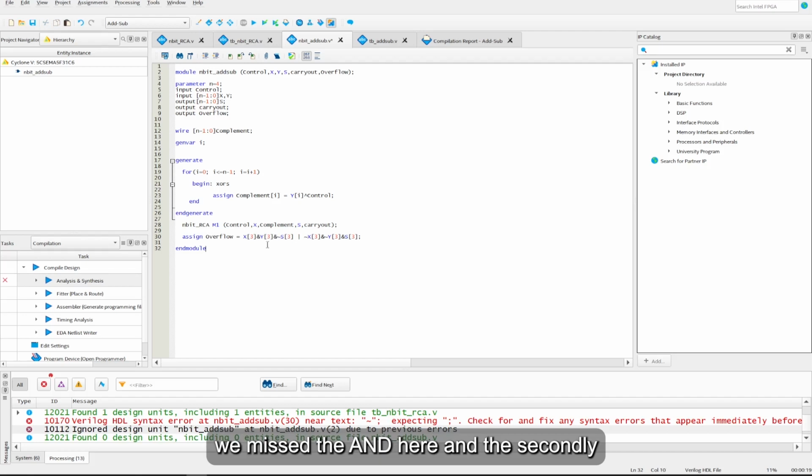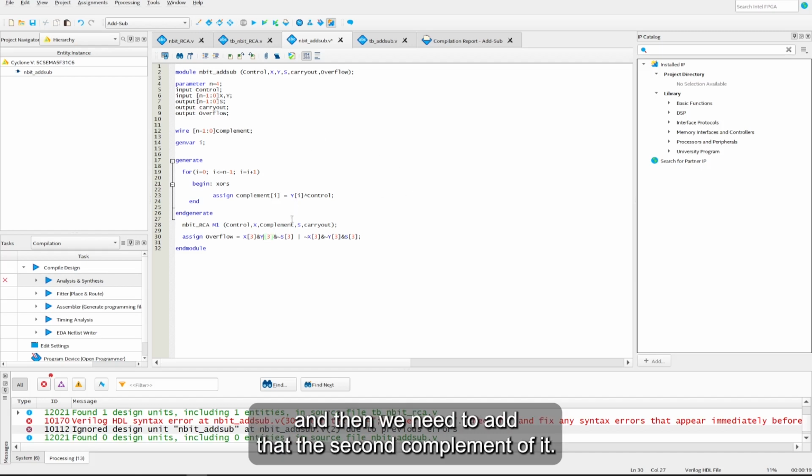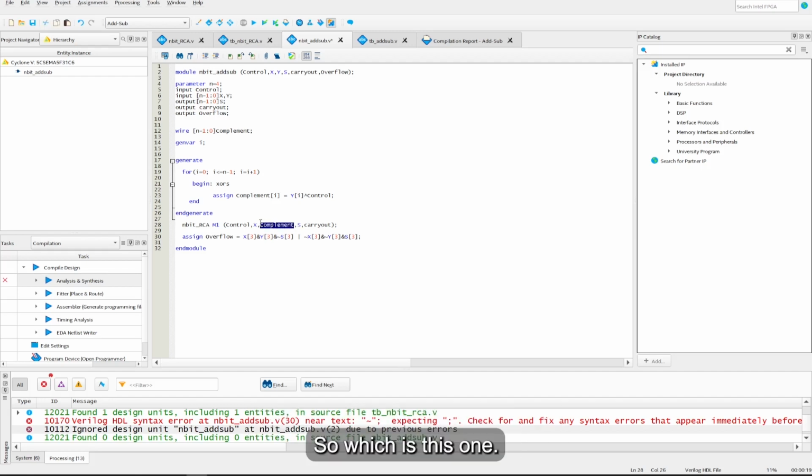And secondly, this is not Y, because Y is the number we are putting, and then we need to add the second complement of it, which is this one. So we need to have it here.